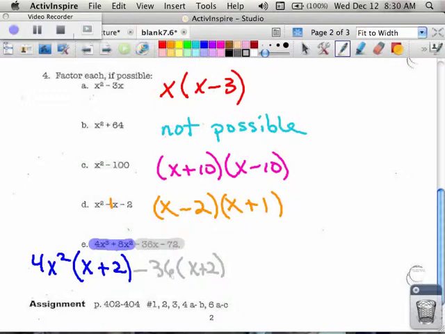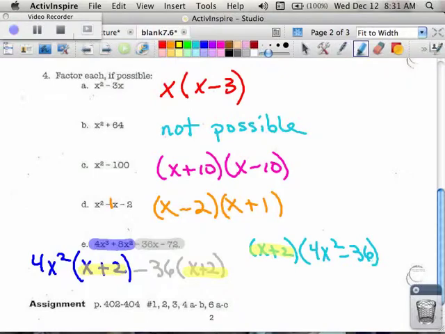So when I do this and I rewrite it, I know that my first parentheses is going to be the x plus 2 thing, because that was my common factor, the thing that showed up both times. And then in the second parentheses, I'm going to write down everything else, which was the 4x squared and the minus 36, because that was everything else that was left over.